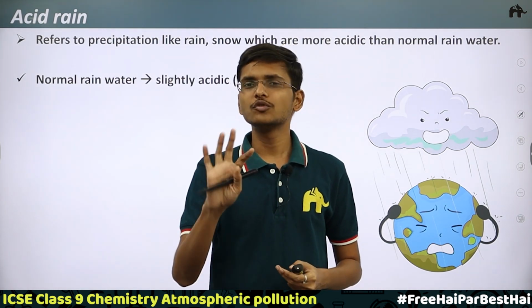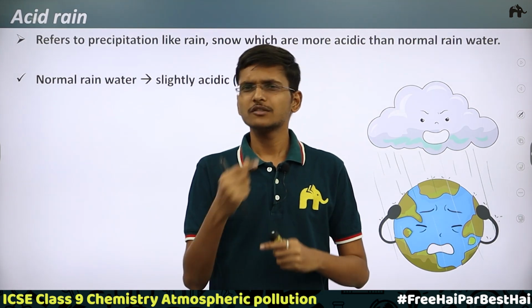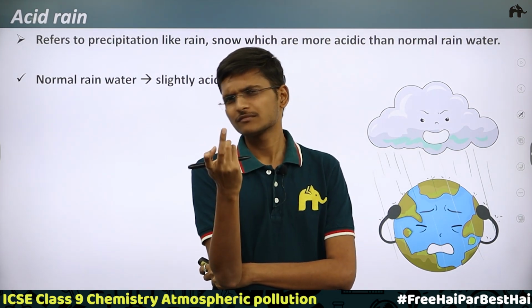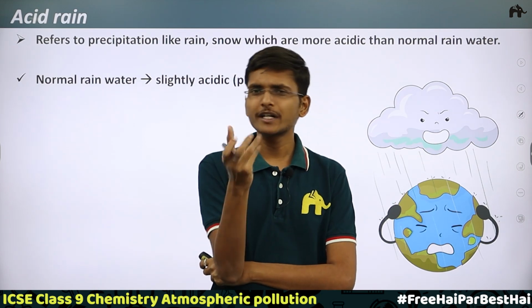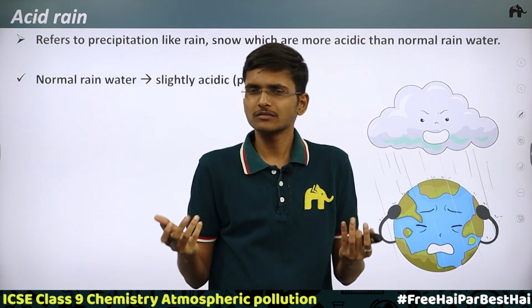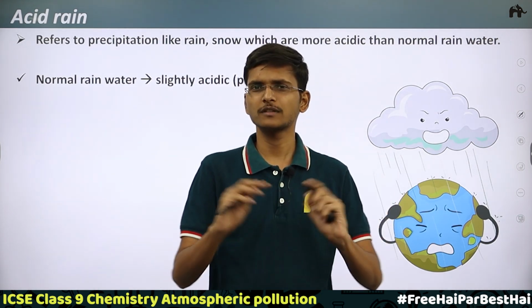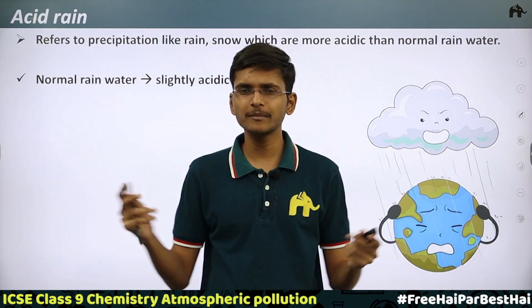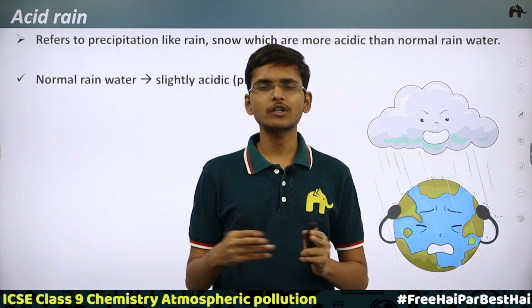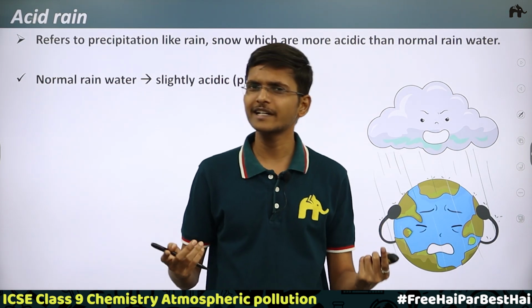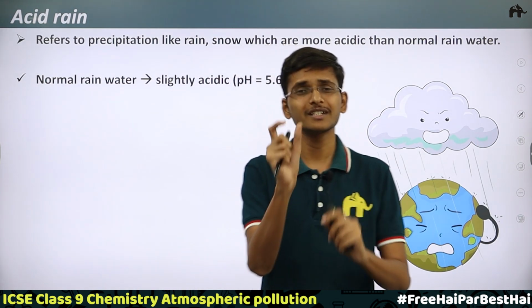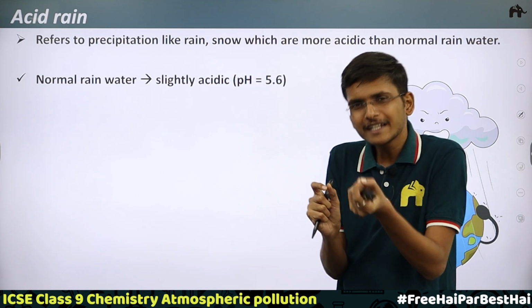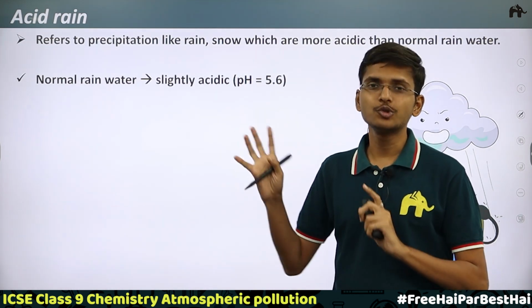But you would also be thinking another way, that people get wet in the normal rainwater, but they don't suffer from any discomfort, or there is no harm in playing in the rainwater. Then, sir, you are saying that it is slightly acidic, so why is it not harming us? Because I'm telling you, this is very slightly acidic, not too acidic.